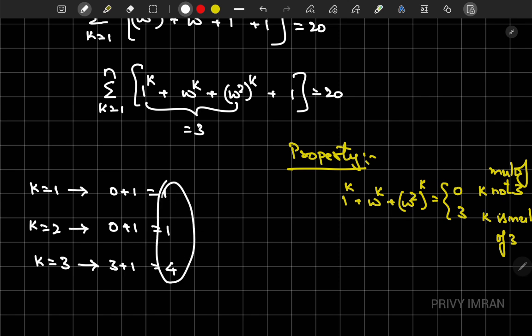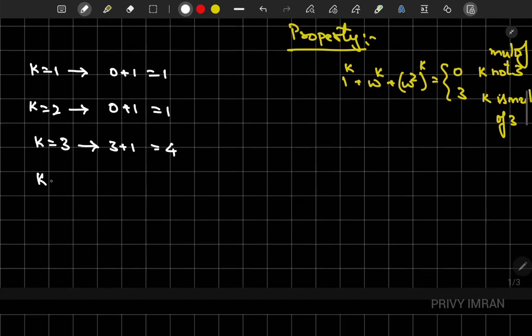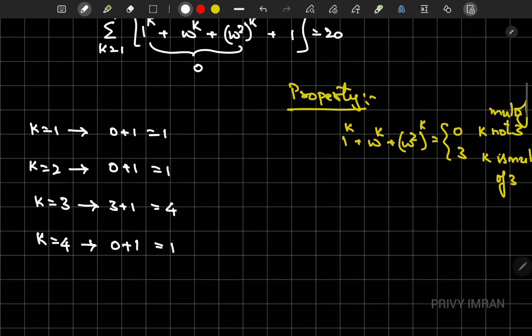Now if we calculate, this sum value is 6. I have to reach 20, so still I need to increase the k value. Let me take k value 4. If k value is 4, this value will become 0, so 0 plus 1 will again be equal to 1. Now k value is equal to 5.